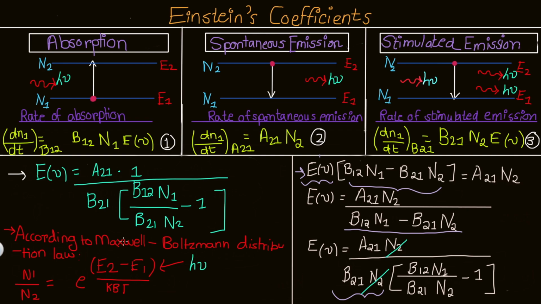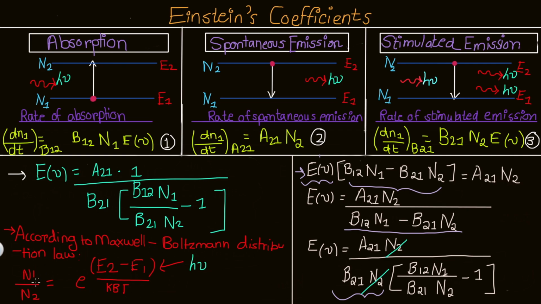According to Maxwell-Boltzmann's distribution law, you can see that N1 divided by N2 equals e to the power of energy in the upper level, take away energy in the lower level, divided by Boltzmann constant times absolute temperature. This difference in the energy level is equal to the energy of the photon, which is h nu.